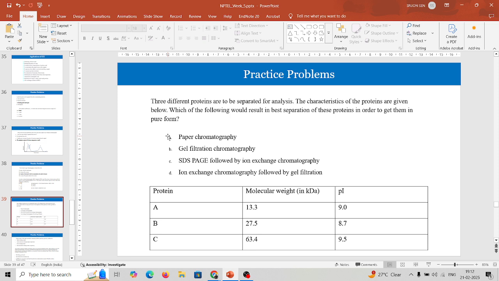So SDS page followed by ion exchange followed by gel filtration. You cannot use an ion exchange chromatography because of the similar types of pI, right? So C and D goes out. The paper chromatography will not be able to separate or resolve this one. So yes, B is the correct option.